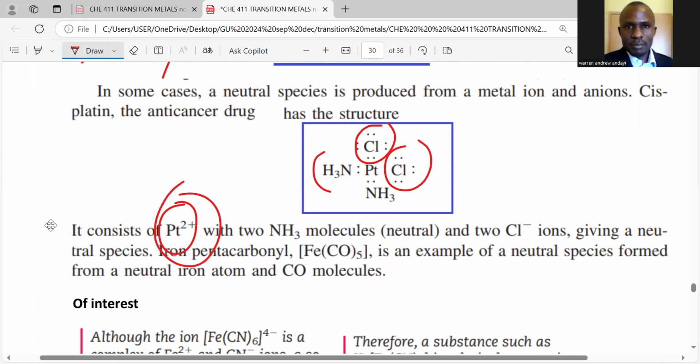Then ammonia is neutral. So the overall charge here is 0, okay? The other example is this complex of iron and carbon monoxide. Again, carbon monoxide is neutral, but it has a lone pair. So it will just bond by coordination, and the overall complex here has charge 0 on it.